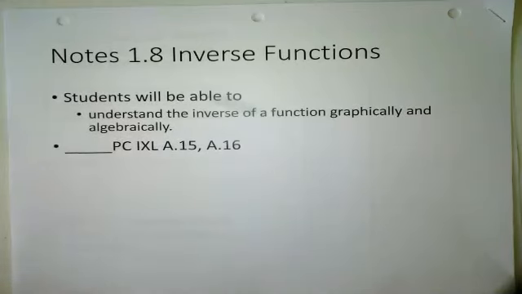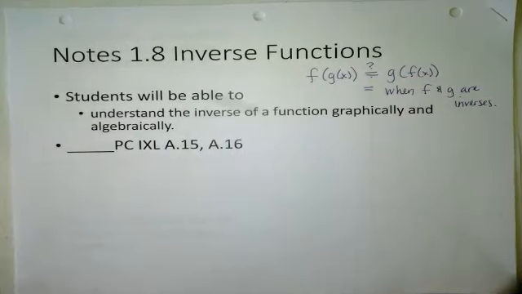But they are equal when f and g are inverses of one another. And so these two compositions actually end up canceling each other out. They simplify down to x, which is kind of an interesting thing. And so we're going to talk about inverse functions today. They're very special functions that sort of just undo one another.